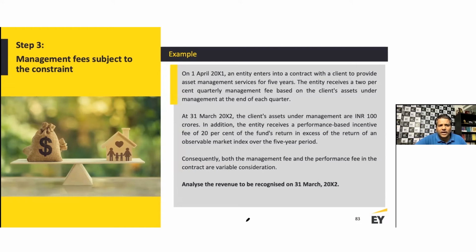At 31st March 2002, the entity's assets under management are INR 100 crores. In addition, the entity receives a performance-based incentive fee of 20% of the fund return in excess of the return of an observable market index over the 5-year period.